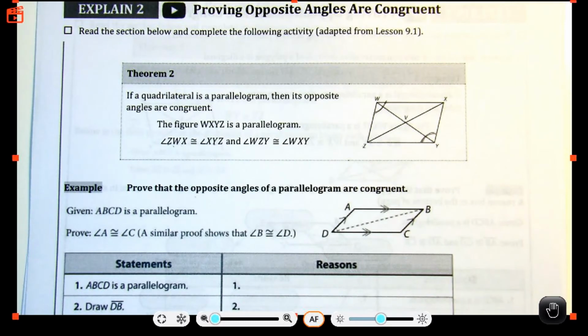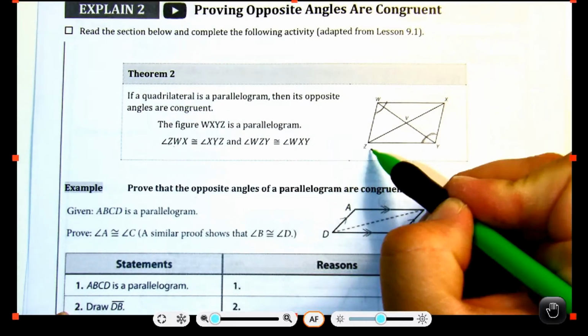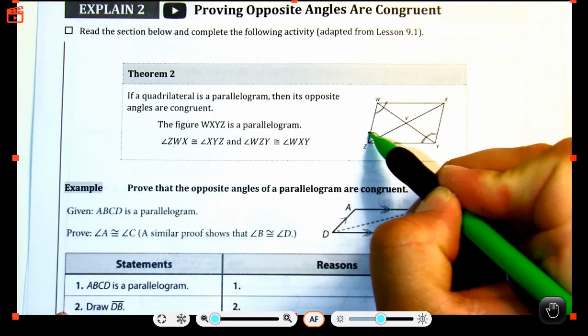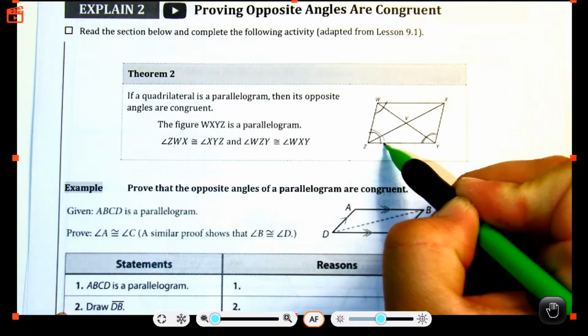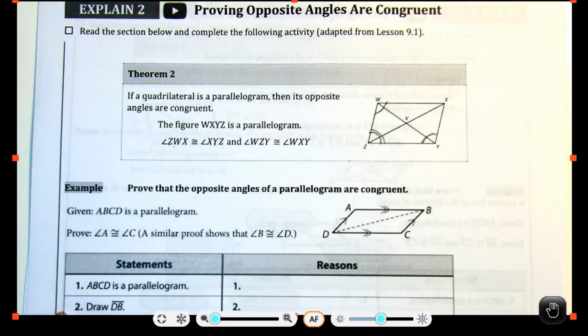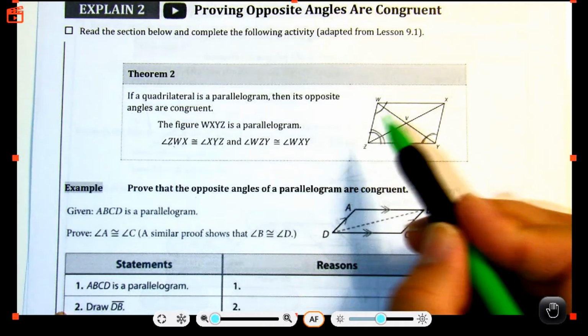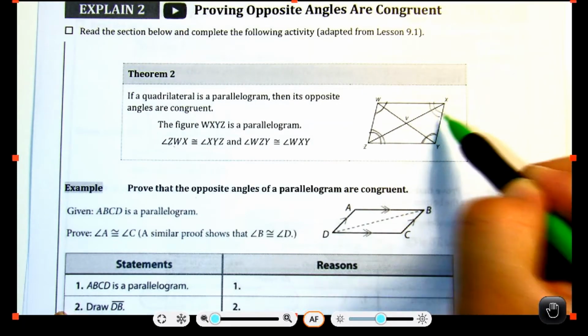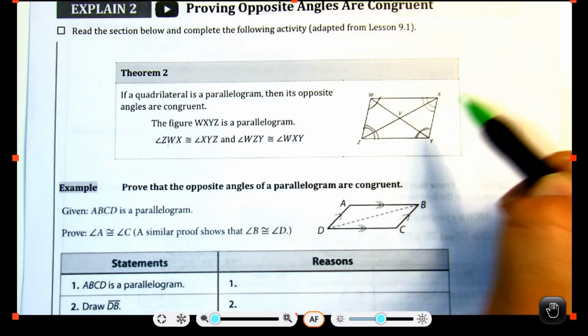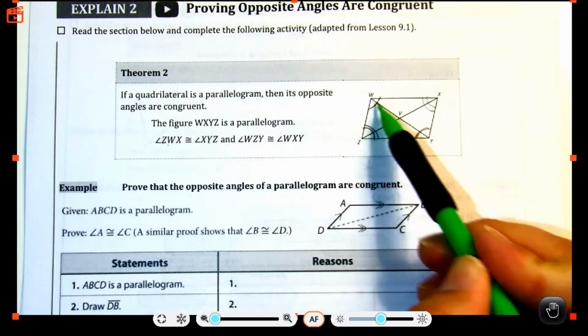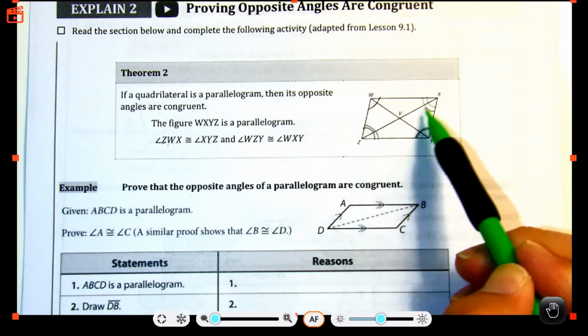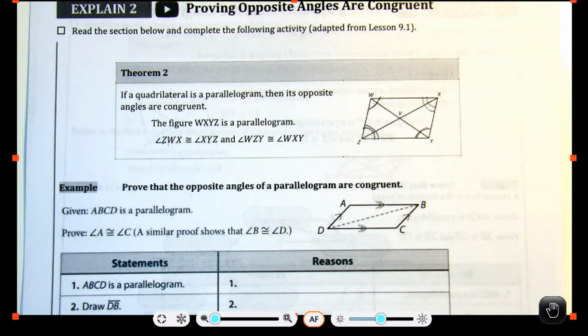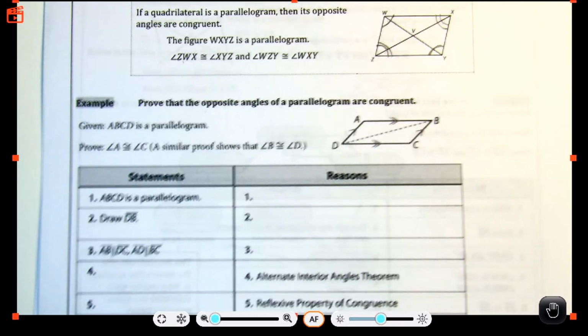So that means that WZY, so angle Z, is congruent to angle WXY. So I'm using one arc to show that these two are congruent, and I'm using 2 arcs to show that these two are congruent. And again, we have proofs, but we're going to be skipping those proofs for now.